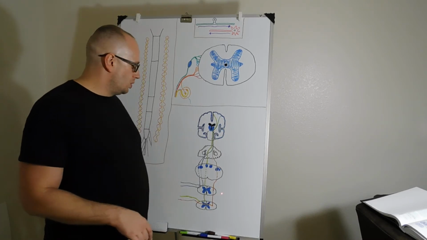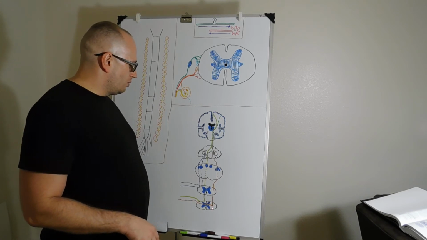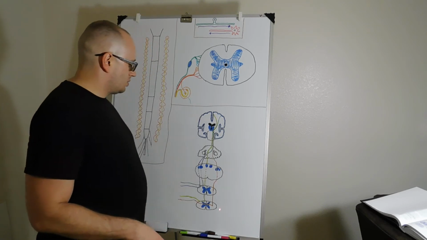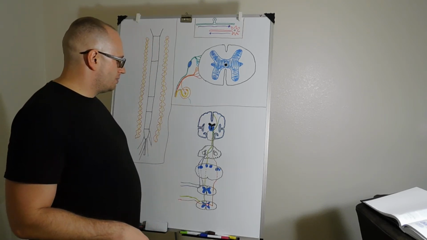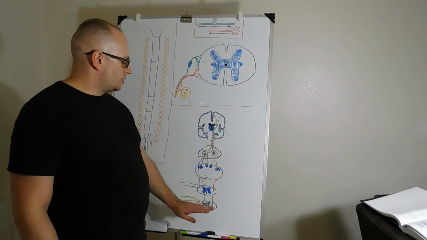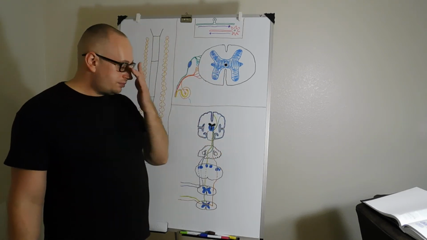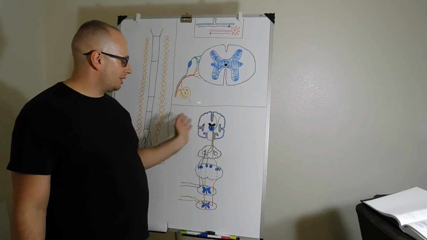There are actually two different tracts. One's more lateral and one's more anterior. So sometimes it's called the anterolateral tract, but it's also called the spinothalamic tract because it goes from the spine up to the thalamus, and then it also goes to other places.